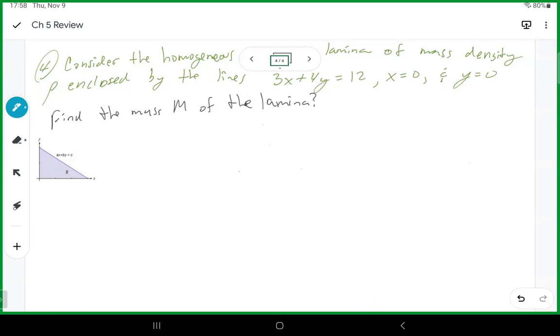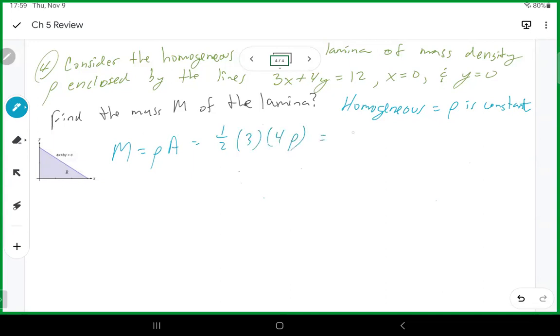Okay, since the region is homogeneous, the mass density is constant. So that tells us that M is equal to rho times A, which is 1/2 times 3 times 4 times rho, which is 6 rho.